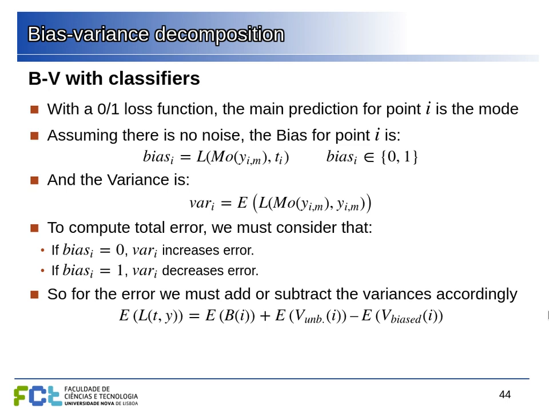So bias, let's consider this loss function L, which is 1 if the two arguments are different, 0 if they are not. So basically, it's a measure of the error. It's 1 if we are not hitting the right value, it's 0 if we are hitting the right value. So the bias for point i will be the loss function between the majority classification over all the hypotheses we obtained in the model.